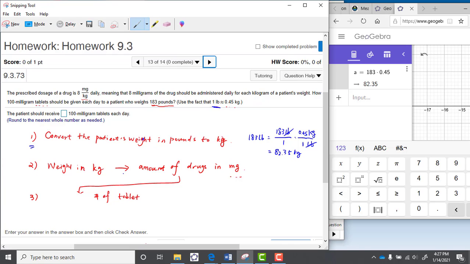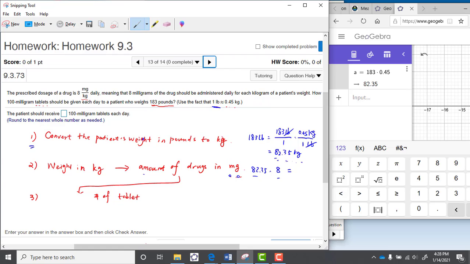And then the second step: using the 82.35, we're going to figure out the amount of drug in milligrams. Here it says for every kilogram of patient's weight, the drug used should be 8 milligrams. Since we have 82.35 kilograms, that will be 82.35 times 8 milligrams of drug, so we need to multiply these two numbers together.